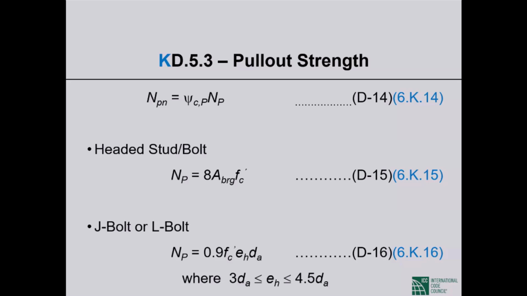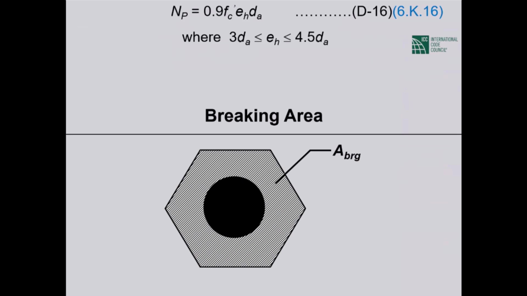ACI 318 took the position that instead of an outright ban, it would assign a very small strength to hooked bolts. That makes it very difficult to design hooked bolts for seismic applications. This is not prohibition, but making it difficult to use.